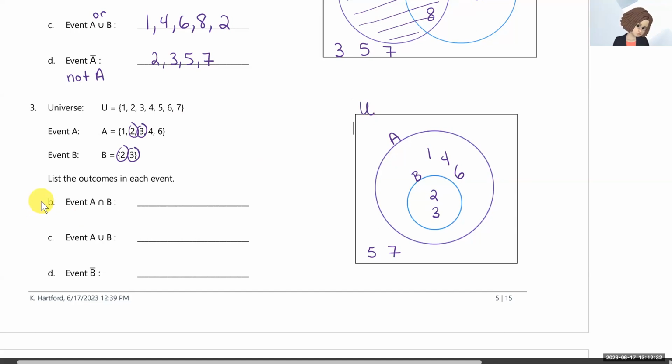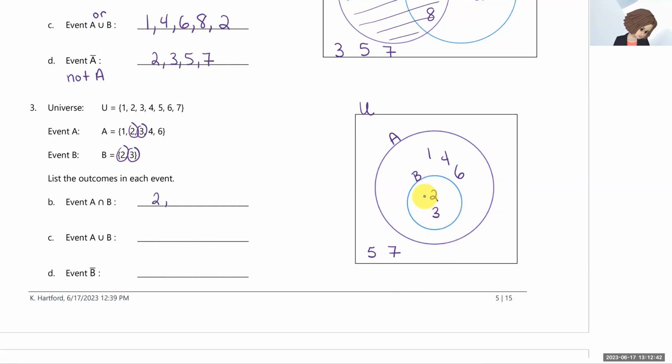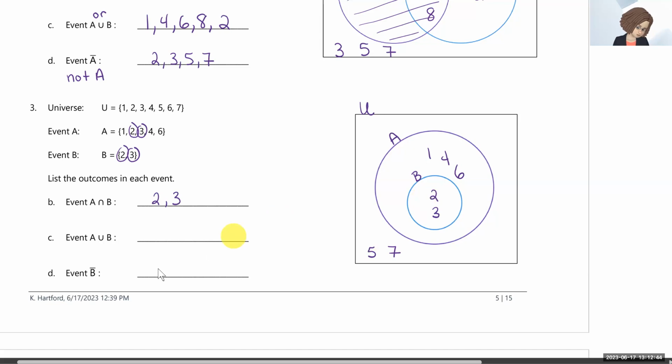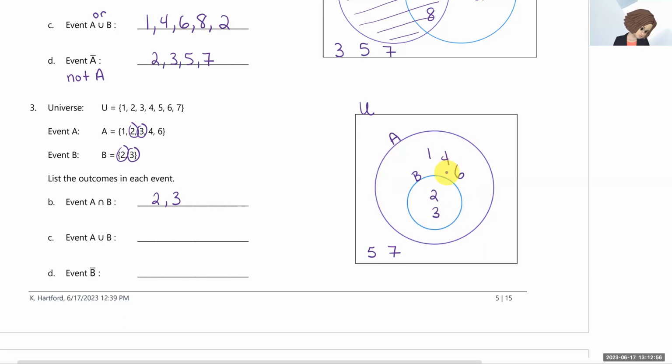All right, so event A intersect B. So what do they have in common? So they share the 2 and the 3. And then union is or, so the combining of the sets, so everything in B along with everything in A. So that would be 1, 2, 3, 4, 6.